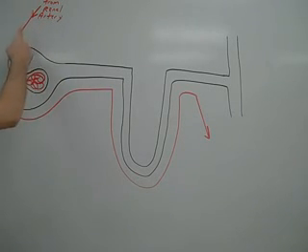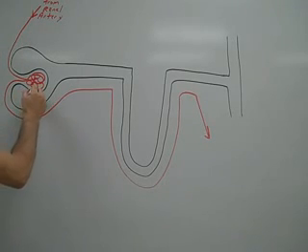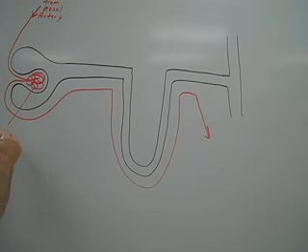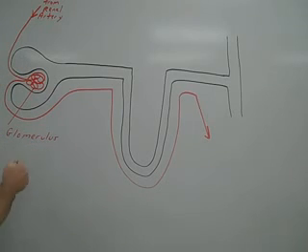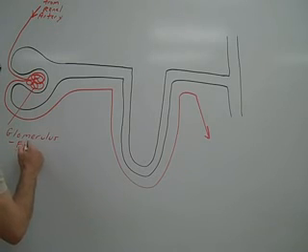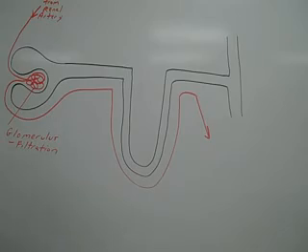And the blood flows into this big knot of capillaries. And this huge knot of capillaries is going to be referred to as the glomerulus. So it's a bunch of capillaries. And this glomerulus is responsible for filtration. That's its job, filter the blood.